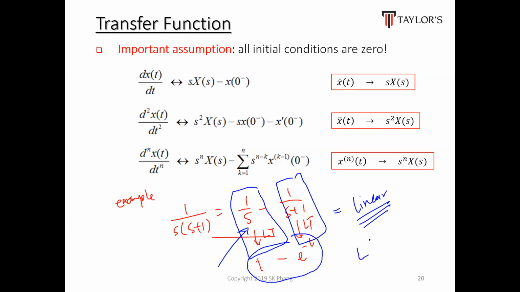It must also be time invariant, meaning your system will not be affected by the time at which you apply the input. I can't really explain this one well, but these transfer functions only work on linear and time invariant systems. They don't work on non-linear systems or time variant systems.